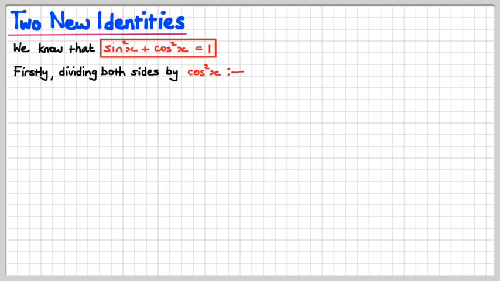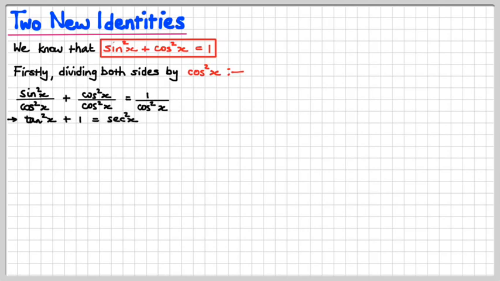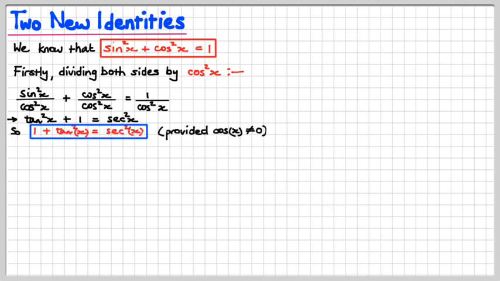We're going to divide both sides by cos squared x. That turns into tan squared x plus 1 equals sec squared x, our new star performer, the reciprocal function squared. So that's one that you need to know: 1 plus tan squared x equals sec squared x, which is really important.